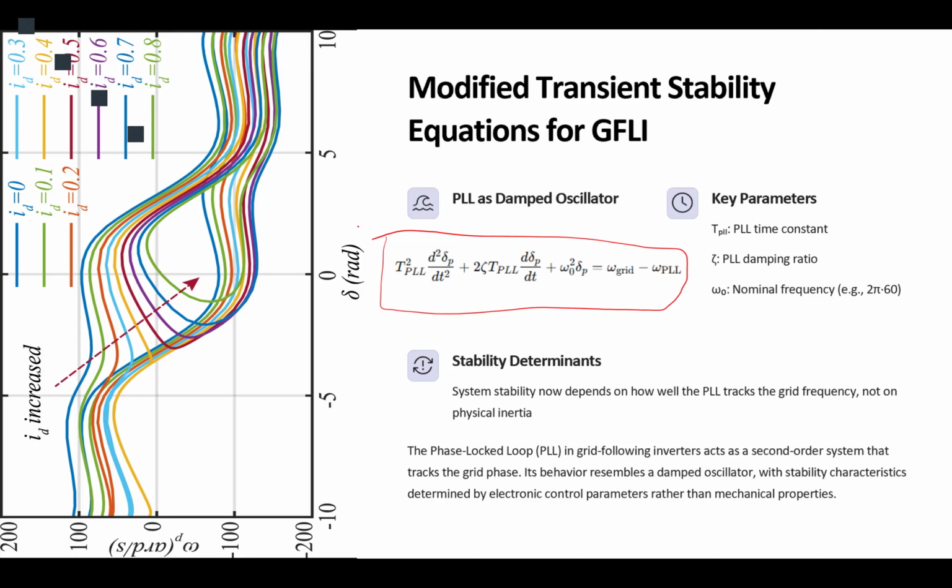Now, step back and think about the definition of inertia. If we have a very high time constant, meaning the PLL would respond very slowly to the variation, that means the overall system is more resistant to changes. If we have a shorter T, we have a lower inertia.